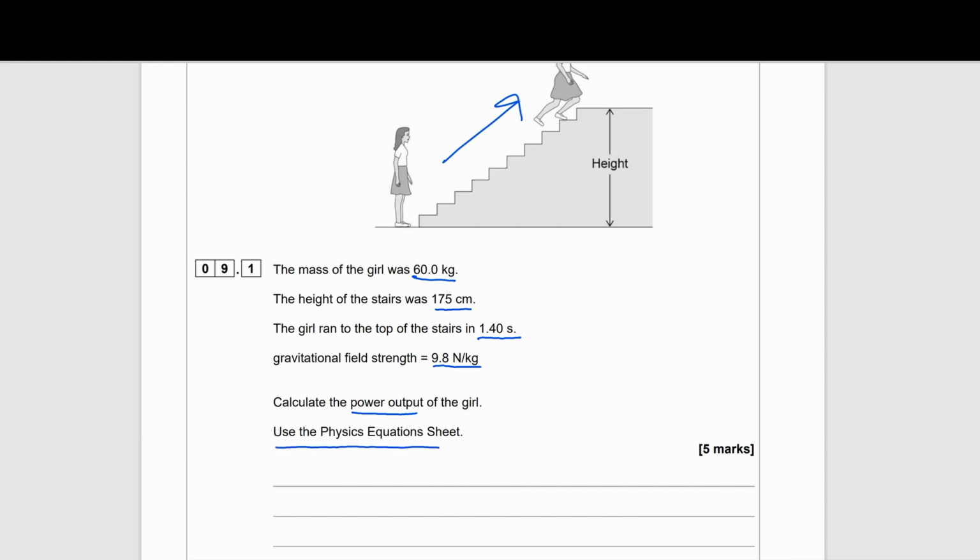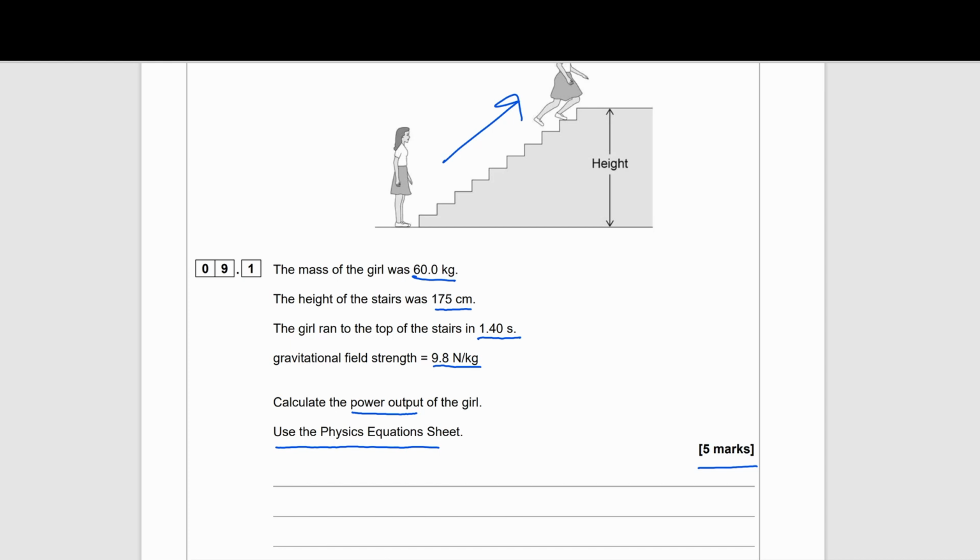5 marks. Okay, so this is our first example of our compound questions, meaning that we have to use multiple equations here to generate our final answer. So, directing us to use the physics equation sheet, let's just check and see what quantities we're given.